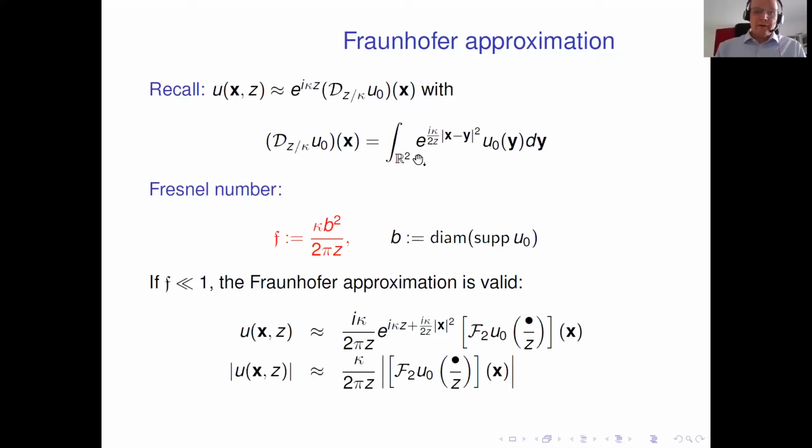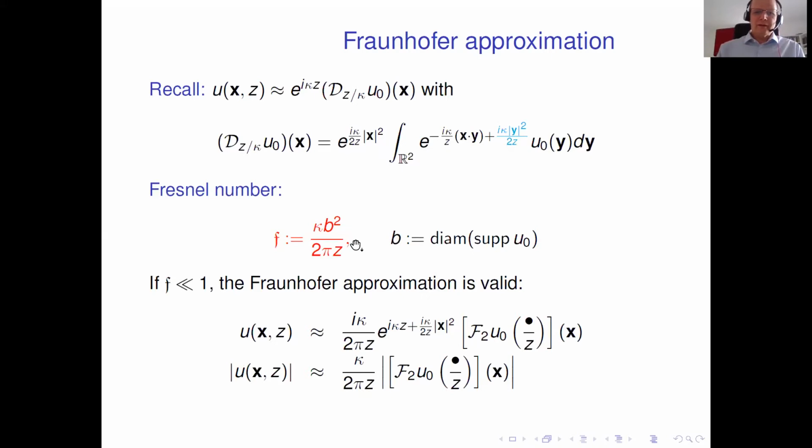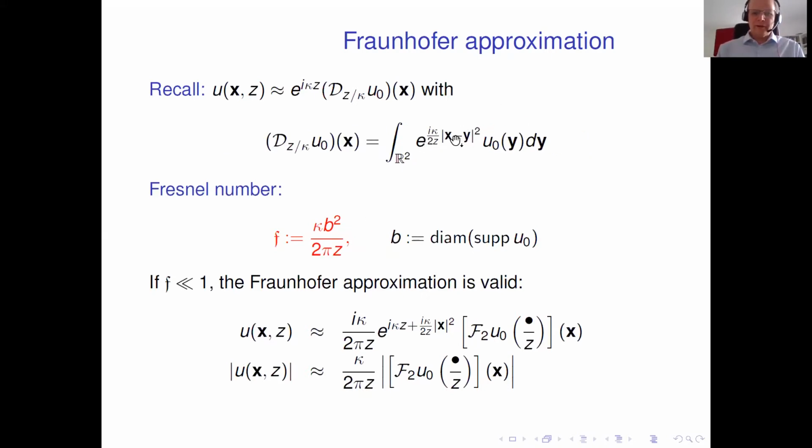Okay, so if z is very large, so the propagation distance is very large, or to put it in some dimensionless quantity, the only relevant dimensionless quantity is the so-called Fresnel number, which is defined here. So if the Fresnel number is small, then you can expand the square here in this convolution integral kernel.